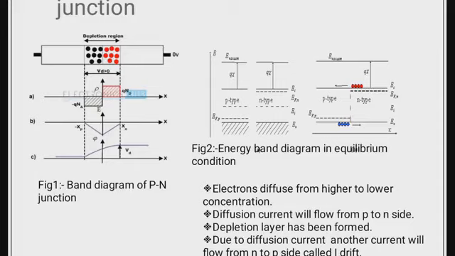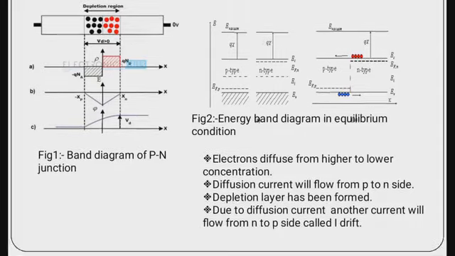And after these diffusions, the depletion layer has been formed, and diffusion current is also flowing from n to p, because inside the semiconductor, after the migration of electrons, they leave positive immobile ions, and in the p-type bead, after the migration of holes from p to n side, they leave some negative immobile ions across the junction.